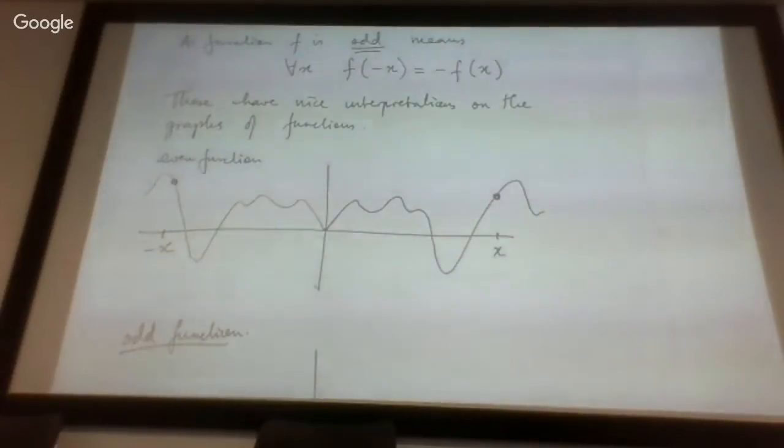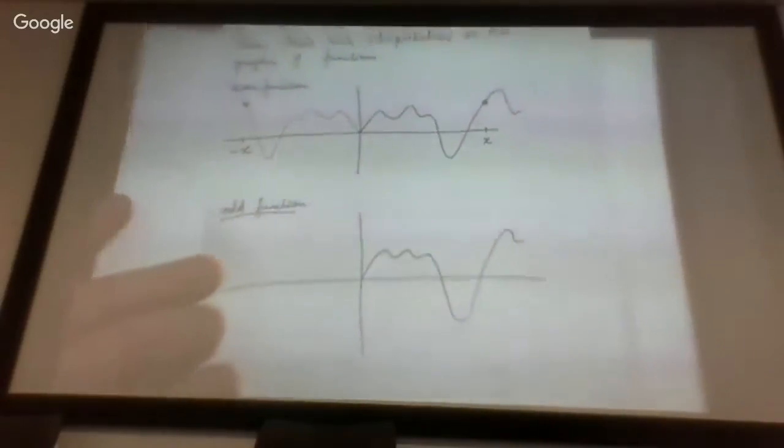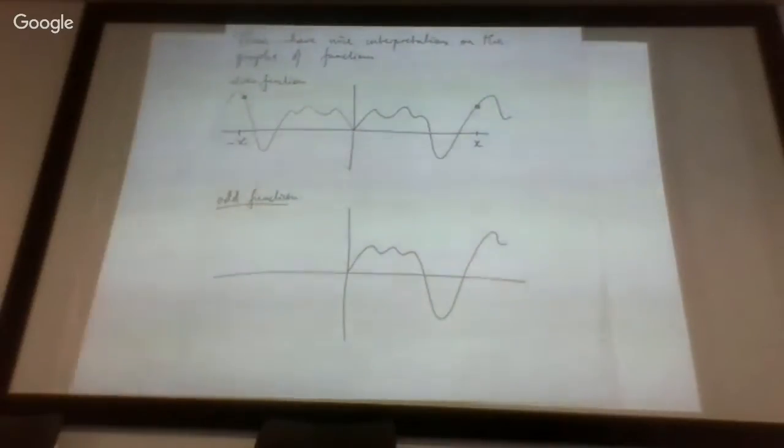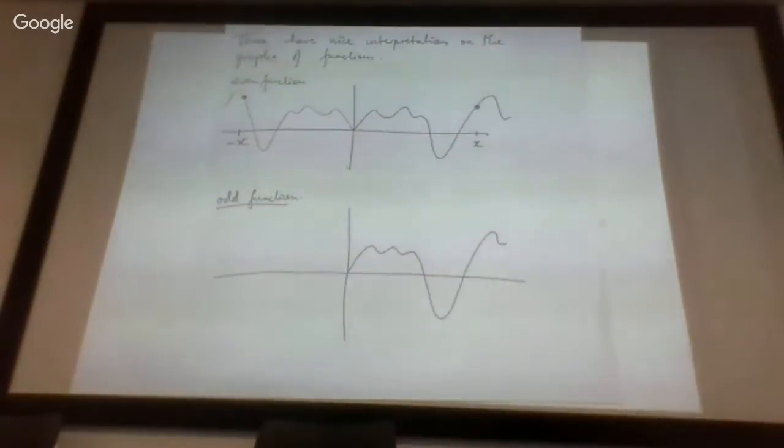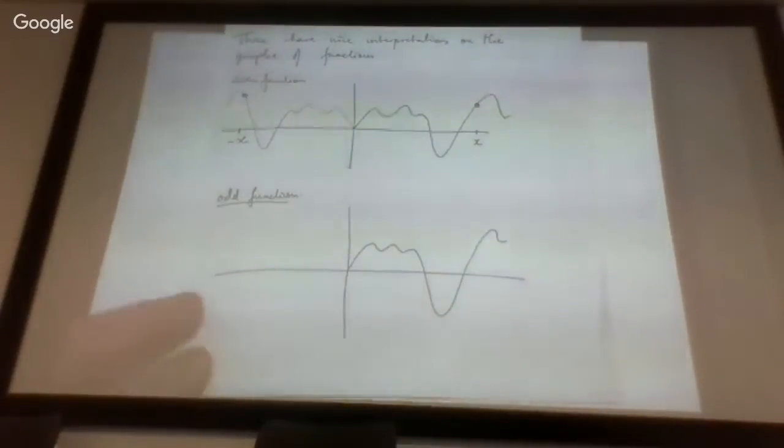probably made my thing a little bit too complicated, but okay, there's my generic squiggly line again. But if this function is odd, it doesn't have the same behavior on the negative half of the domain. It has exactly, well, the same behavior, but you reverse the sign. Okay?